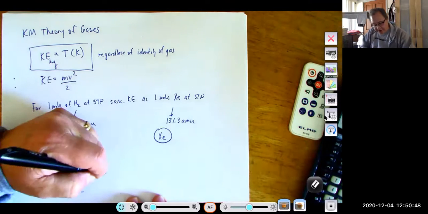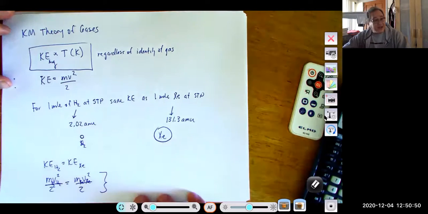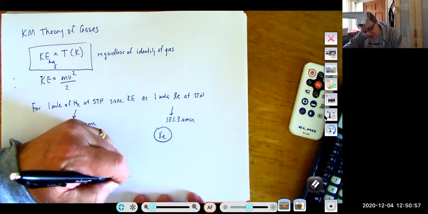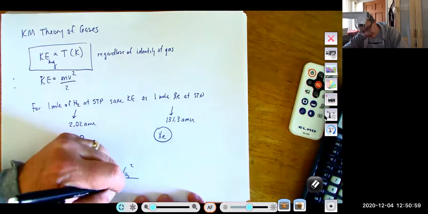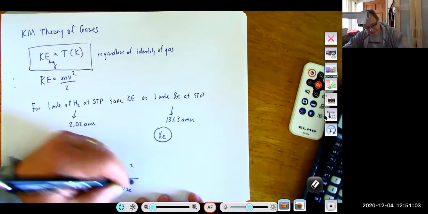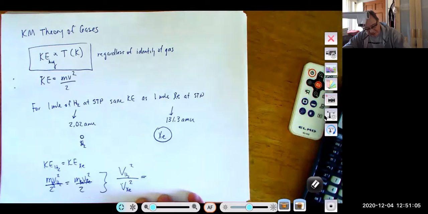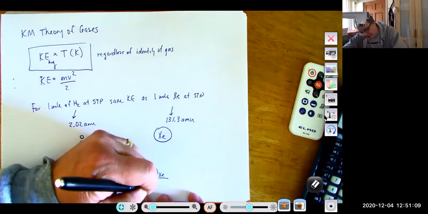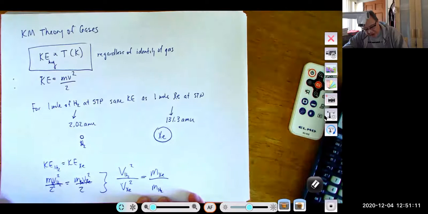So we can change this into something that looks like the following. We can say that the velocity of H2 squared over the velocity of xenon squared is equal to the mass of xenon over the mass of H2, and the 2's fall out.